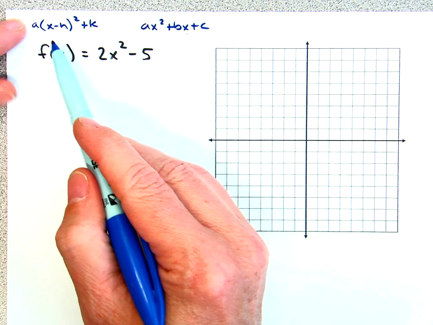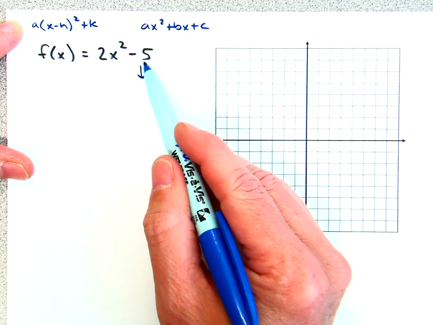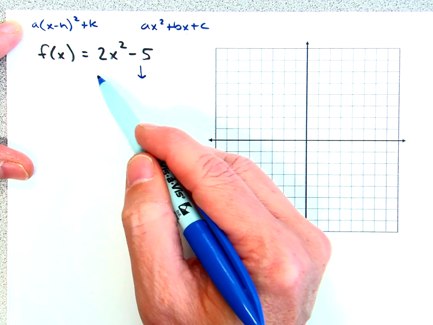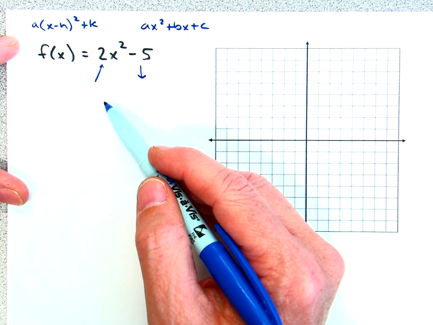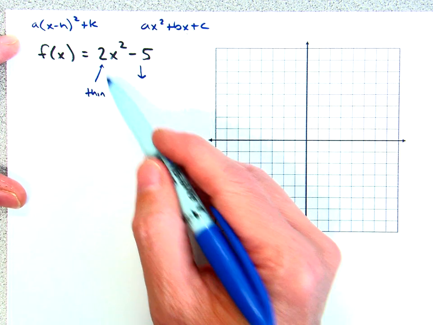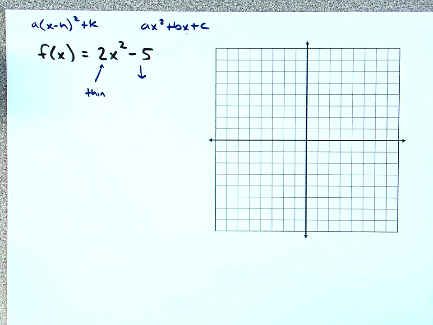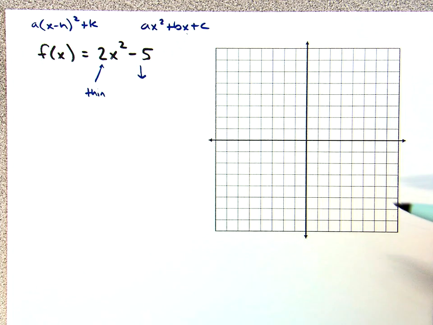So there's no shifting left or right here, but there is a shift down 5 units because this is our k value. And we know that this 2, since a is bigger than 1, it's going to visually be thinner, right? Because this would be what we would call a vertical stretch. If a is bigger than 1, it's going to stretch it vertically, and in terms of its shape, it'll actually be thinner than the normal parabola.